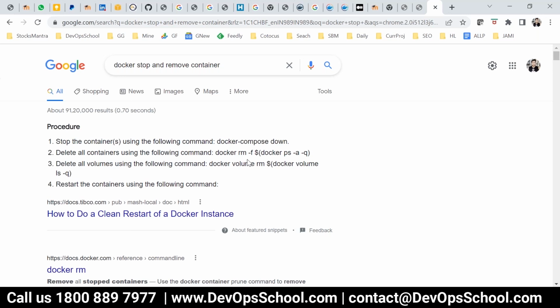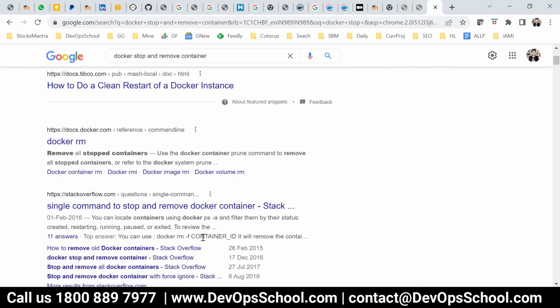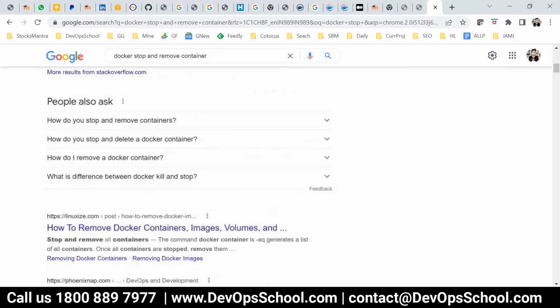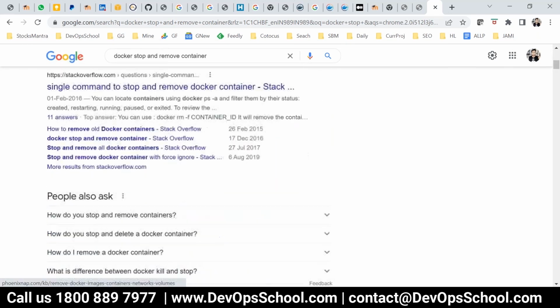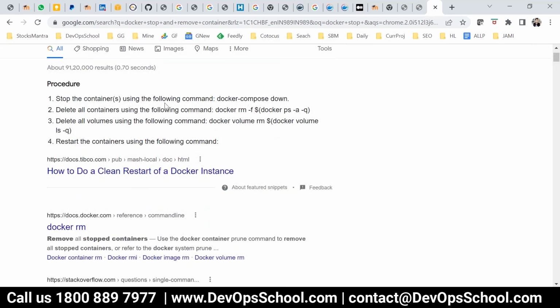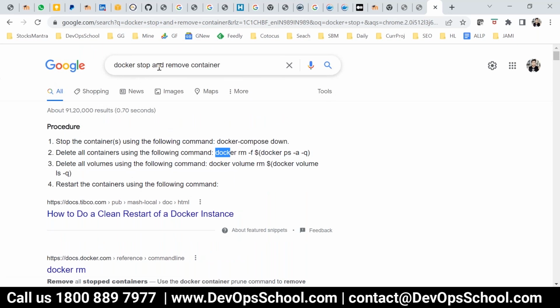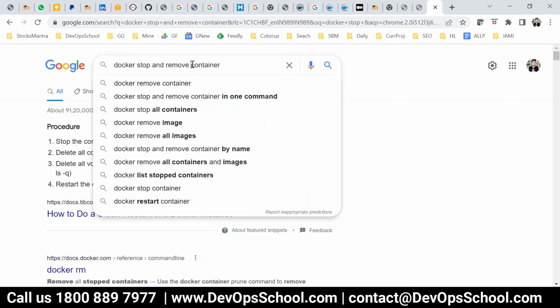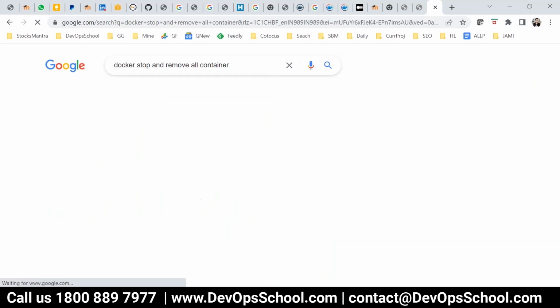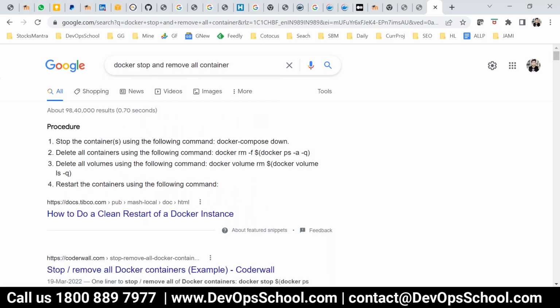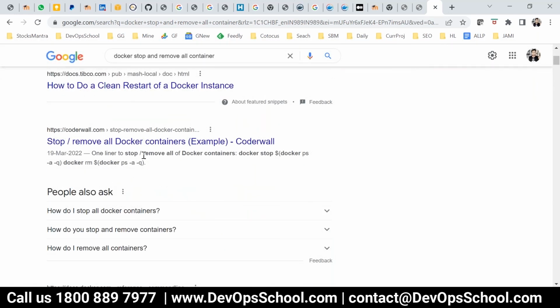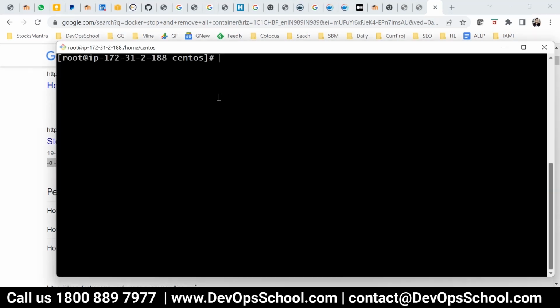So I need to stop all the containers. I'm stopping the containers using the command, which is this one.